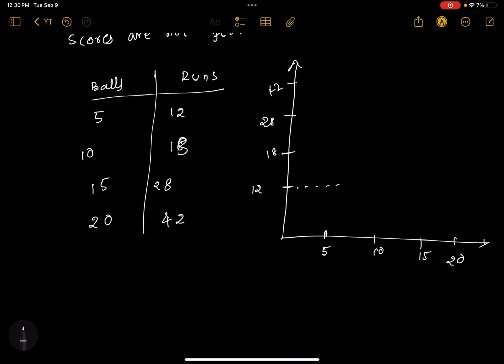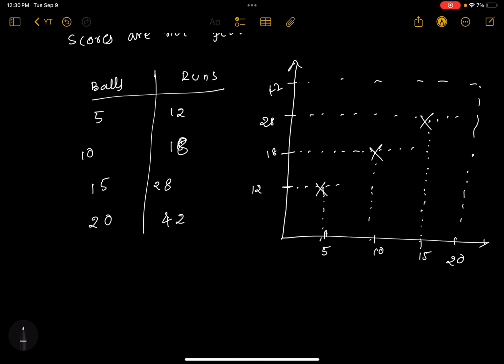So let me take intersection points 1, 2, 3, and the last one, 4.